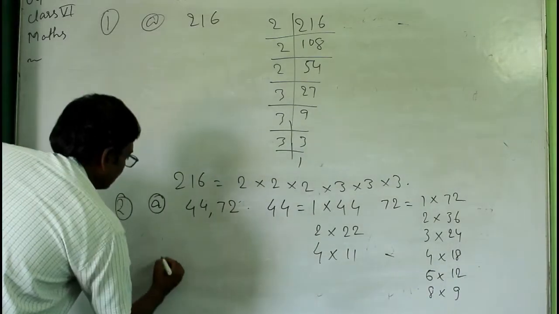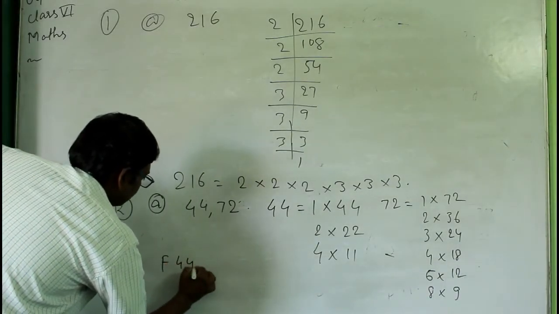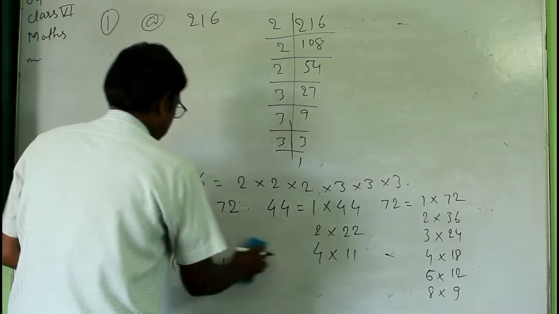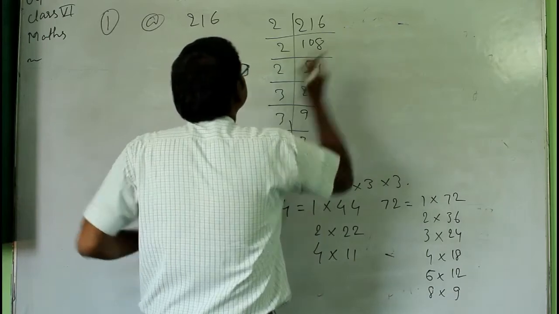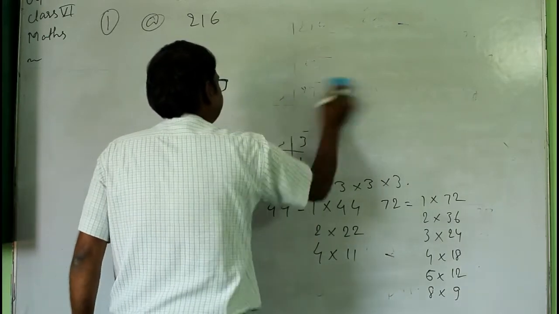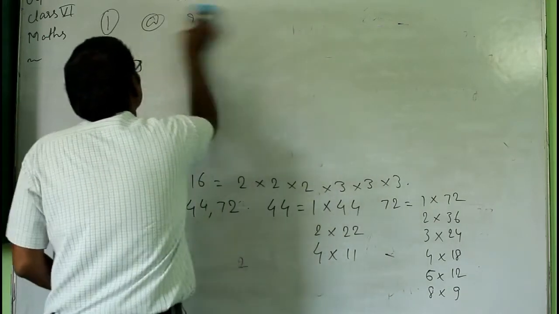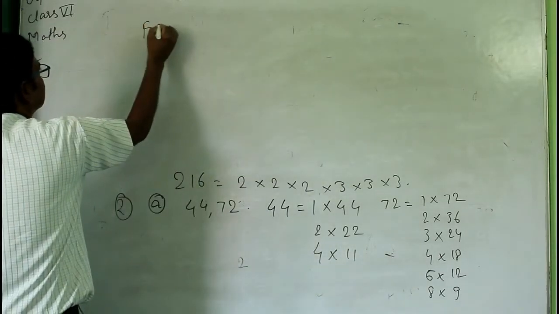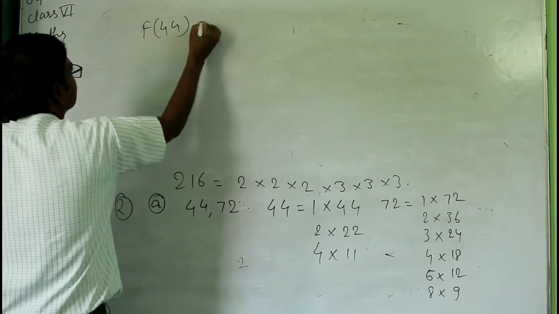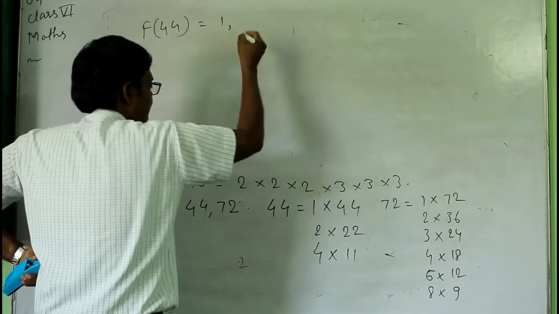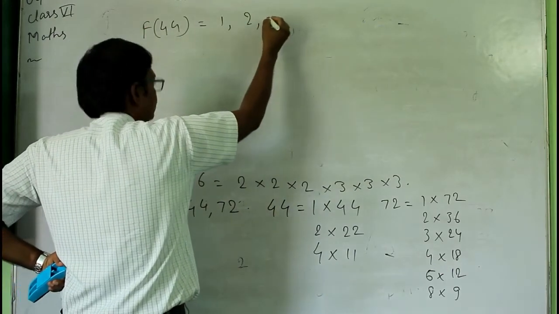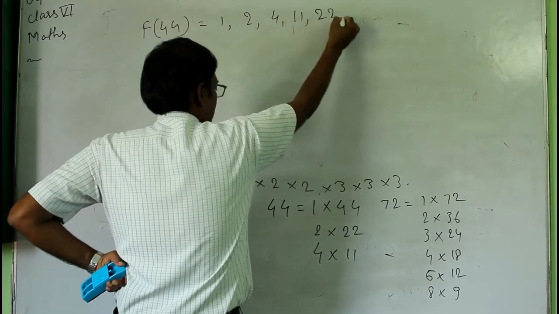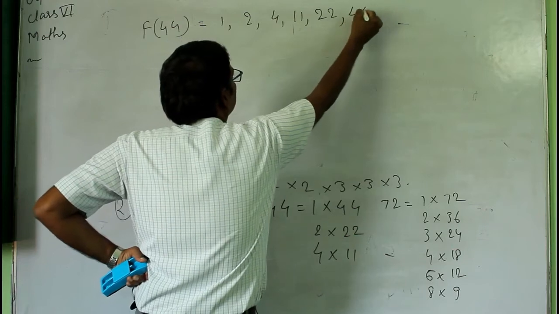Now write the factors of 44. The factors are 1, 2, 4, 11, 22, and 44.